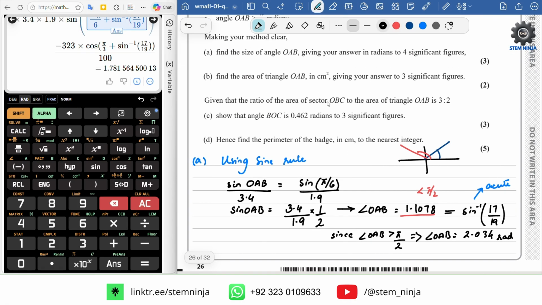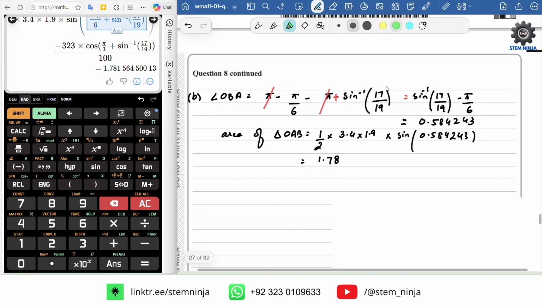Given that the ratio of the area of the sector OBC to the area of the triangle OAB is 3:2, show that the angle BOC is 0.462.